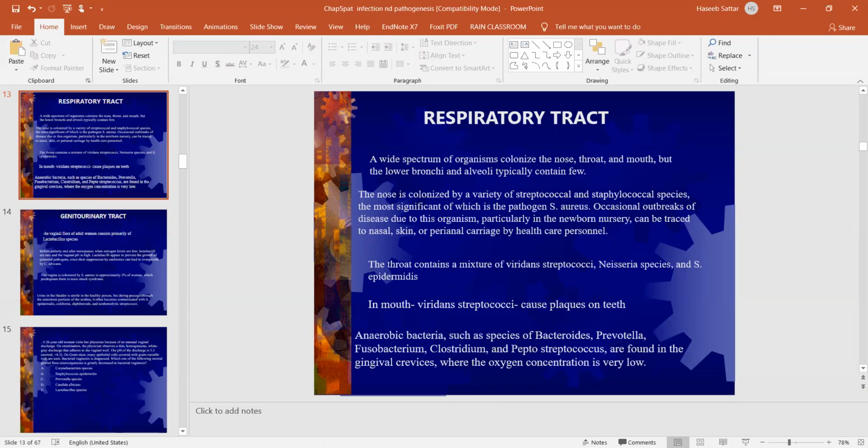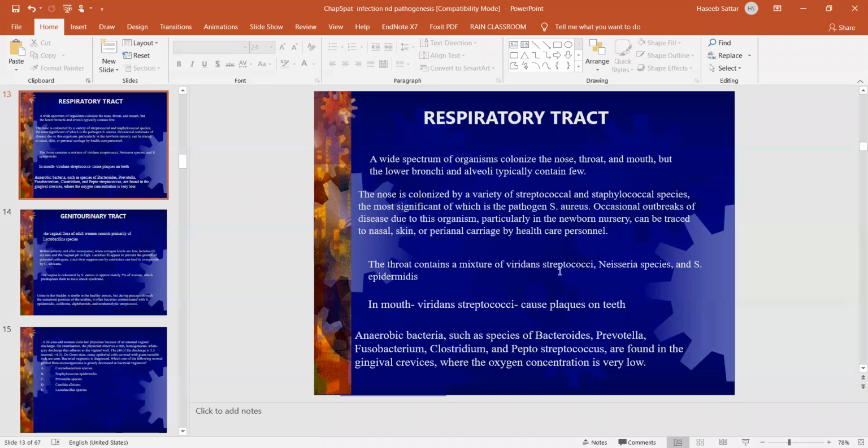And in our mouth or nose, we have Staphylococcus and Streptococcal species. They are more prominent, and that is why if somebody has sinusitis or nasopharyngitis, these bacteria can spread within a confined facility, for example healthcare facilities, old homes, nurseries.